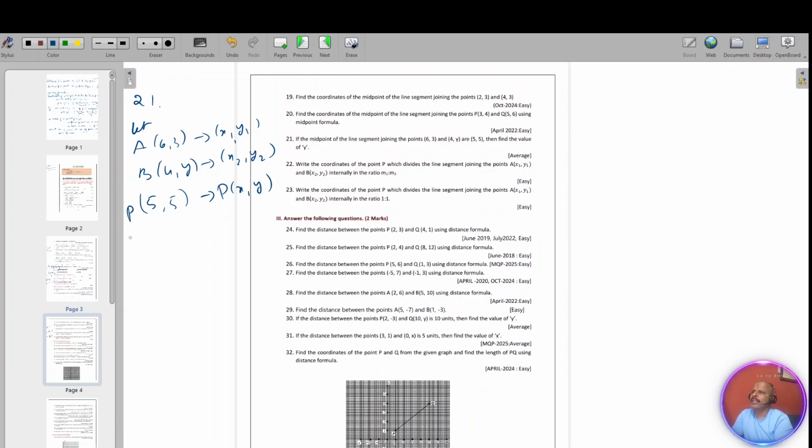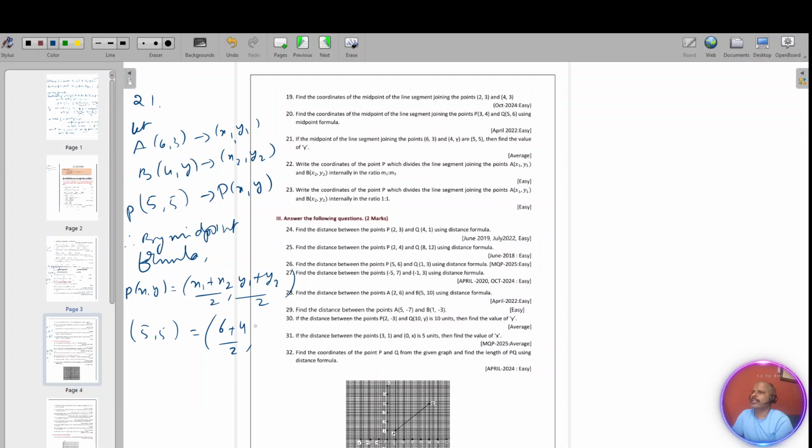We call this as P. Therefore, by midpoint formula, what is the formula? P of x comma y equal to x1 plus x2 by 2 and y1 plus y2 by 2. P of xy they have given 5 comma 5.